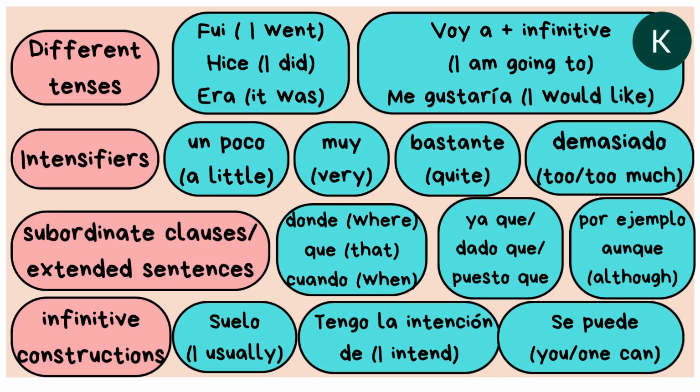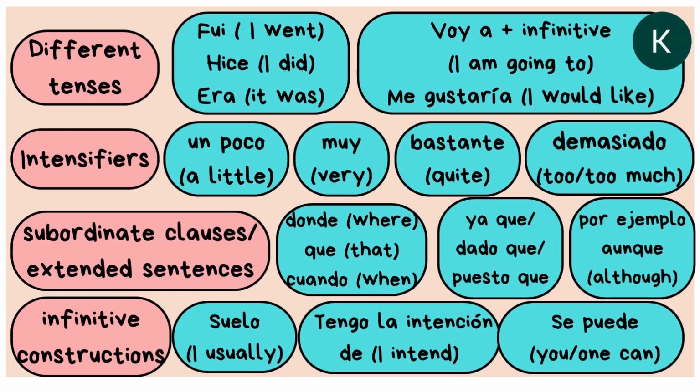For intensifiers, some examples could be un poco, a little, muy, very, bastante, quite, or demasiado, too or too much. So for example, if I were to say es demasiado caro, it means it's too expensive.